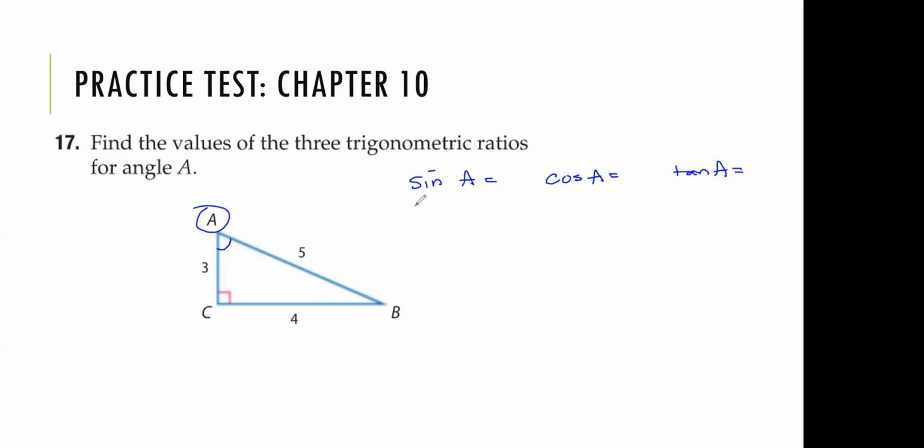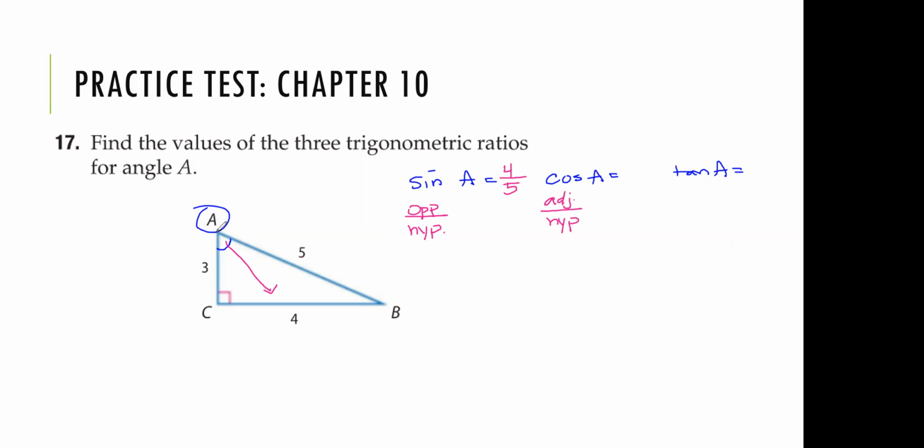So sine, remember, is the opposite over hypotenuse. So the opposite is going to be 4, and then the hypotenuse is 5. For cosine of A, remember that is adjacent over the hypotenuse value.